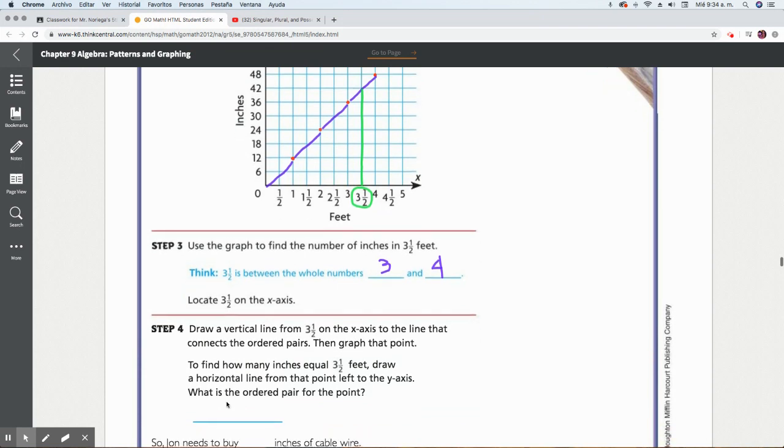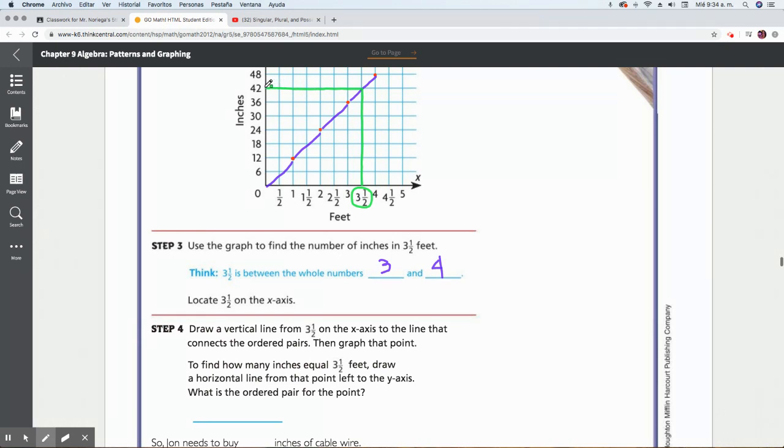Okay, to find how many inches equal 3.5 feet, draw a horizontal line from that point left to the y-axis. So where I stopped, I'm going to continue drawing one line horizontally until I touch the y-axis.